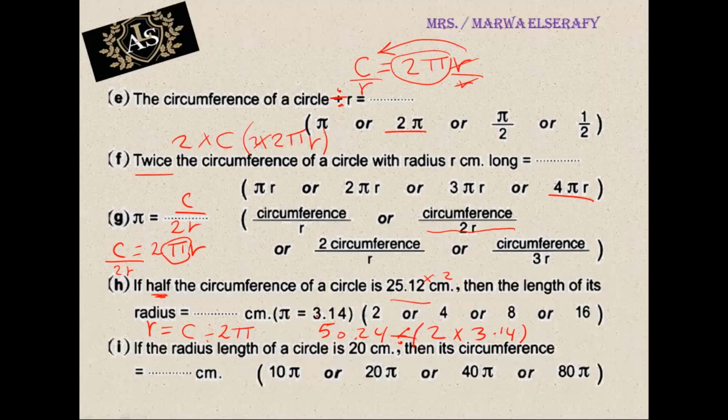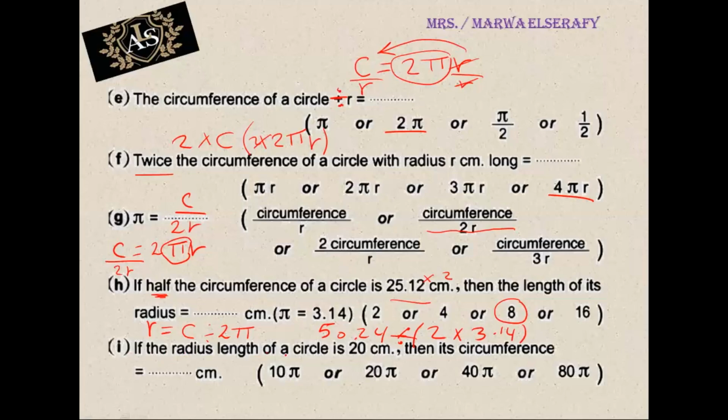If he gives you pi equals 3.14, you must use this value. If he gives you pi equals 22 over 7, you must use that value, okay? So by using your calculator, 50.24 divided by 2 times 3.14, it will be equal what? Yes, it will be equal 8 centimeter, okay?